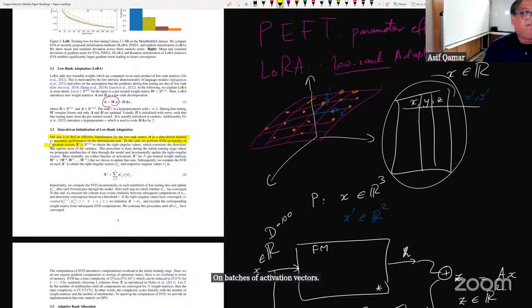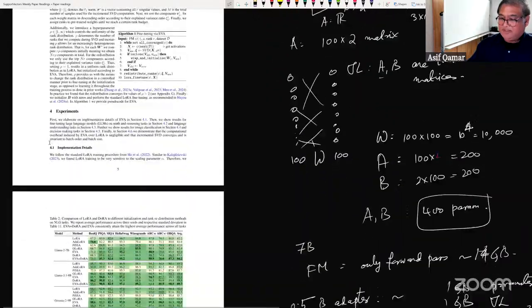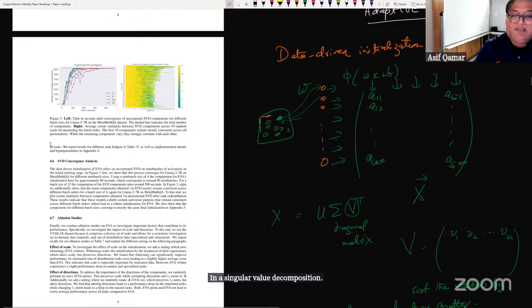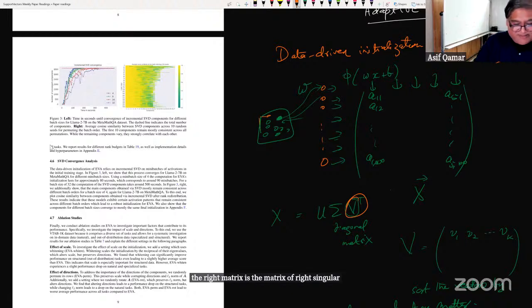You send mini batches, you get many batches of vectors, to obtain the right singular values. So what happens is that in a singular value decomposition, the right matrix is the matrix of right singular values, or singular vectors.